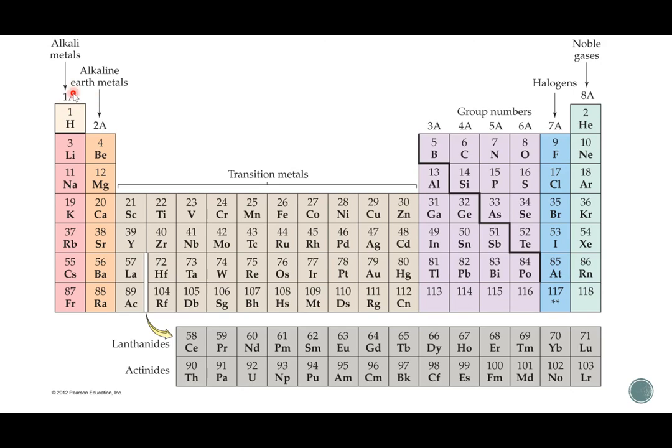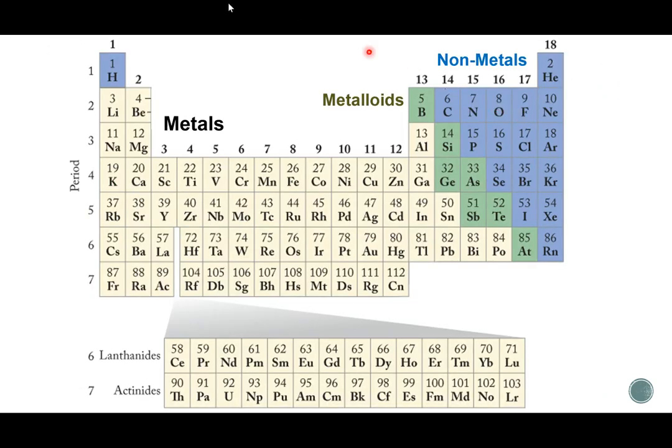So if we start here, we go 1A, 2A, hop over to the other main group elements, 3, 4, 5, 6, 7, and 8. And we just kind of ignore the transition metals. And remember, these numbers up here at the top tell us about valence electrons. The other numbering system is just a traditional 1 through 18. So we include the transitions.